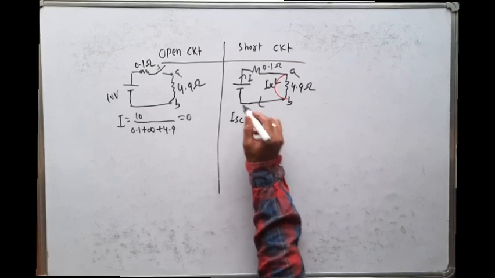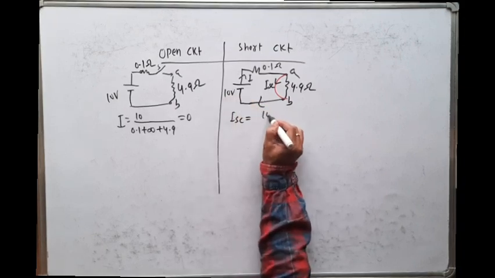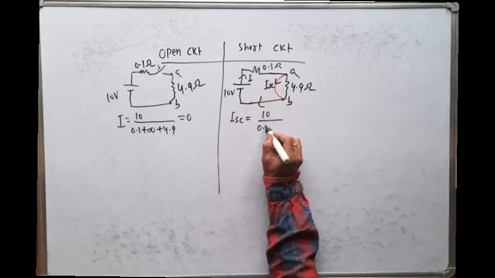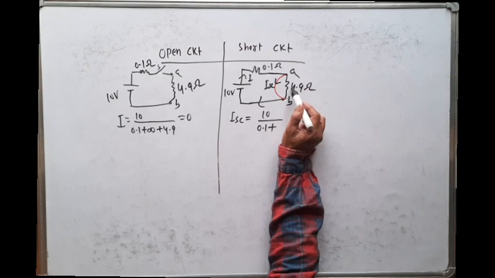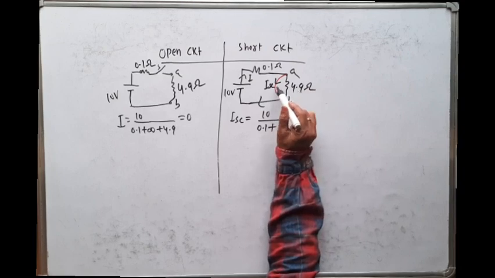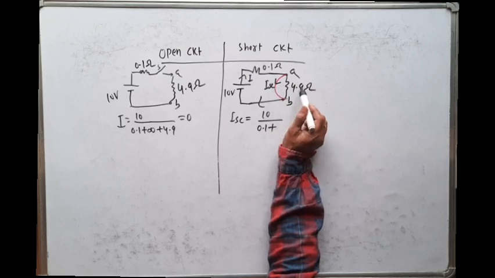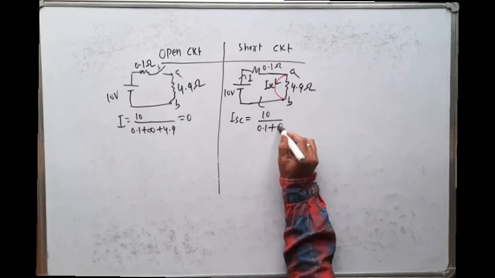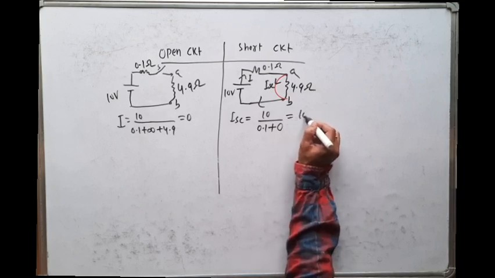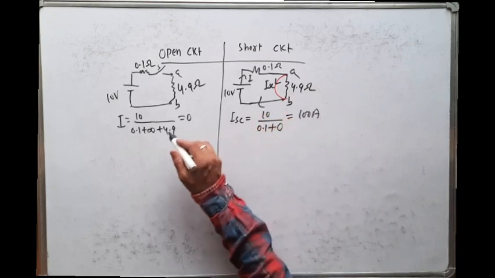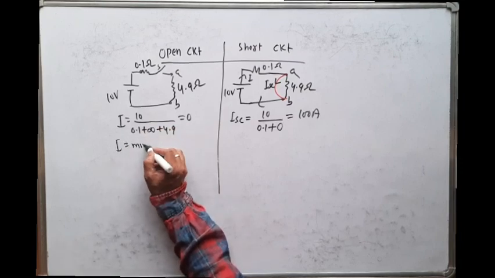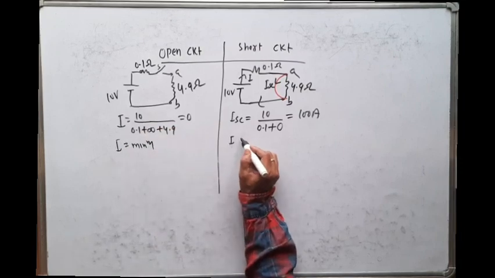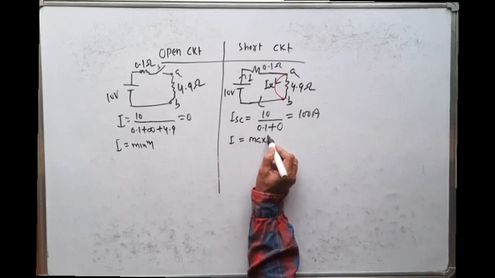Short circuit current ISC is equal to voltage 10 volt divided by total resistance 0.1 plus the resistance of this part. Here the resistance is 0, here the resistance is 4.9. Two resistors are connected in parallel, so the equivalent resistance is 0 into 4.9 by 0 plus 4.9, that is 0. So that implies 100 ampere. That means in the open circuit case, the current is minimum. In the short circuit condition, the current is maximum.